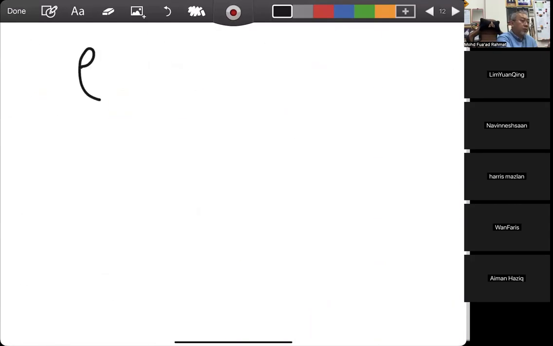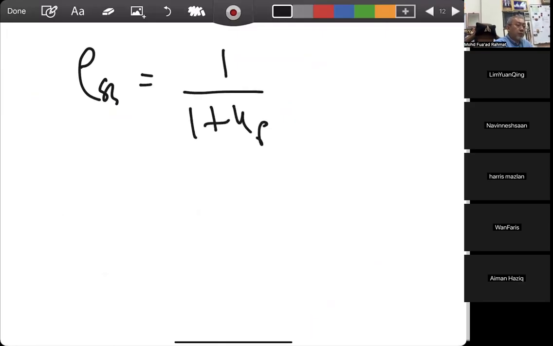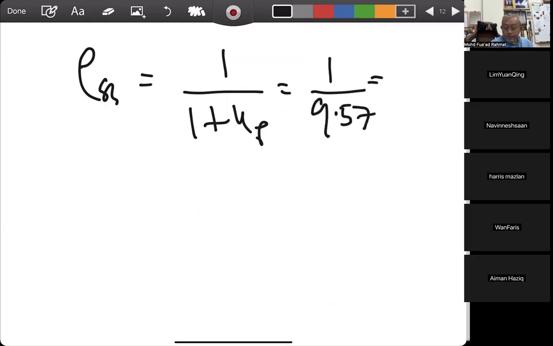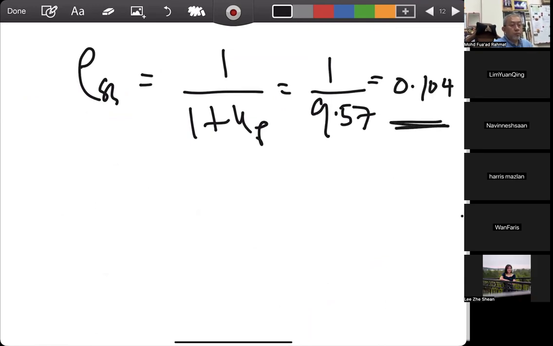So the steady state error is 1 over 1 plus Kp, 1 over 9.57, which is 0.104.